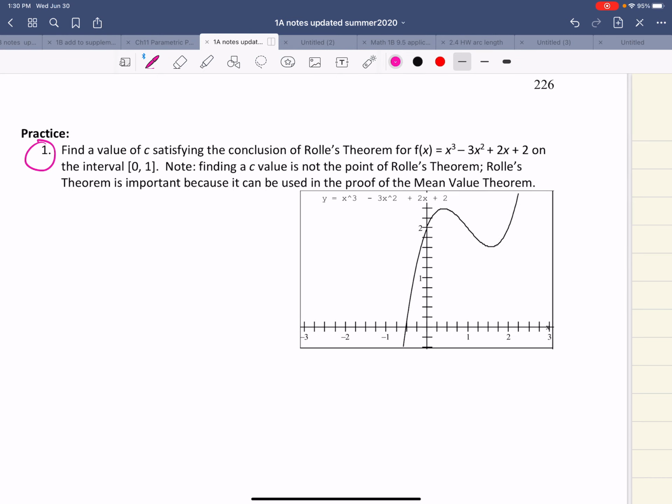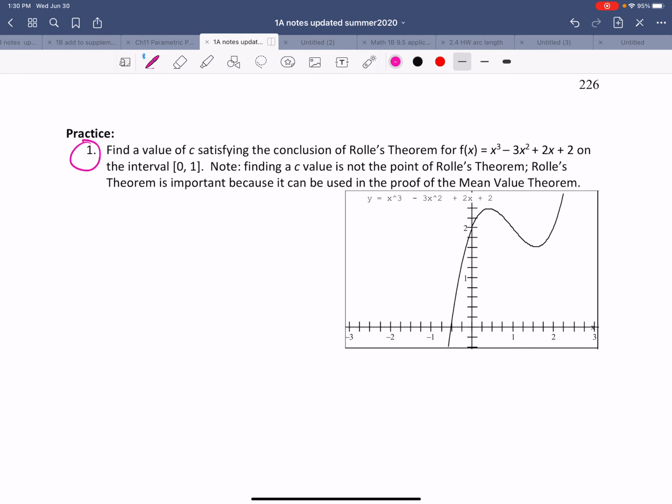Let's see some examples. Find the value of c satisfying Rolle's theorem for the given function on the interval [0, 1]. First of all, f of x is continuous on [0, 1]. It is differentiable on the open interval (0, 1).